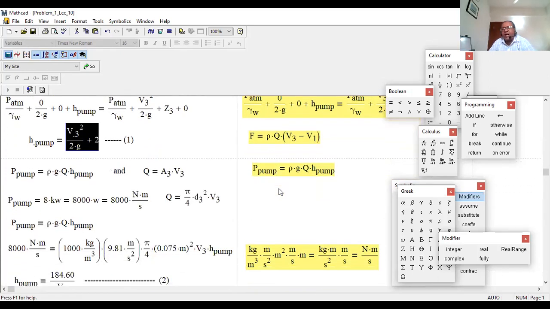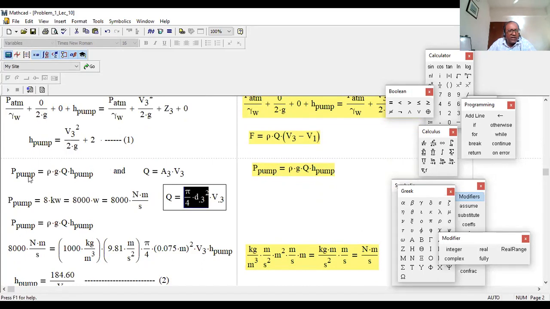and other thing, you know that power of the pump equals rho g Q H. So P pump equals rho g Q H right over here. So Q equals A into V3. Now, what is the Q? Pi by 4 D square into V3. D3 is already given.